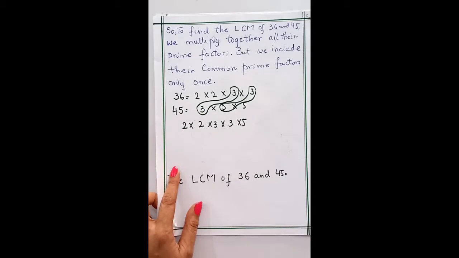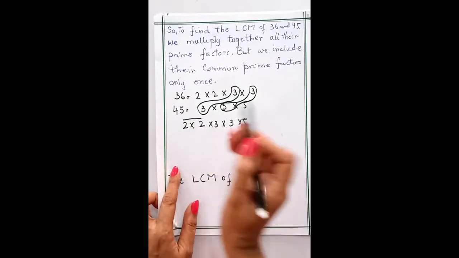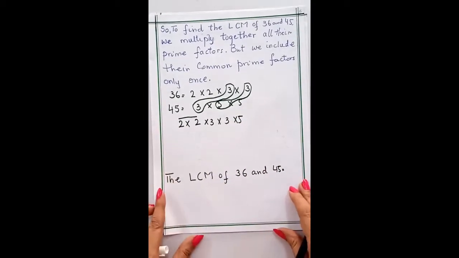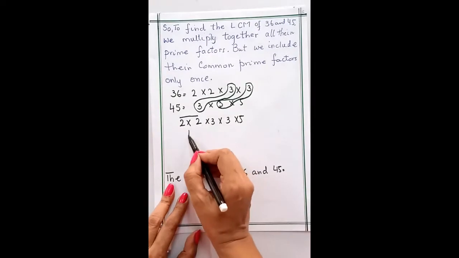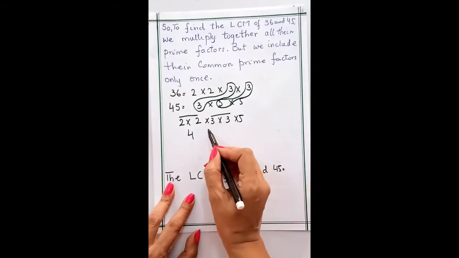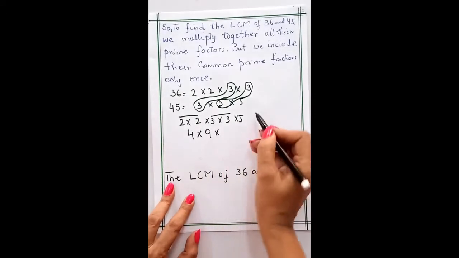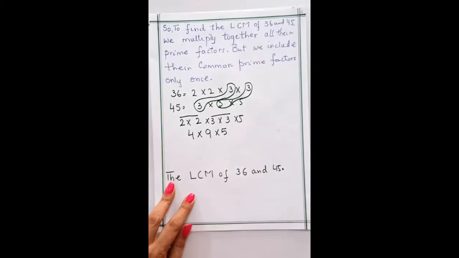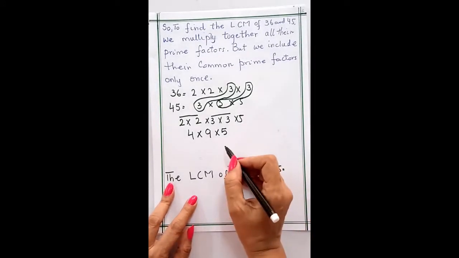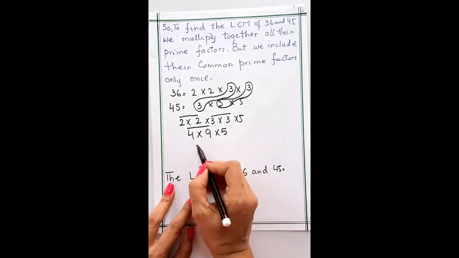Now we will multiply all the common prime factors together. First we will multiply these two. 2 2s are 4, then 3 3s are 9. Now this 5 we will write down as it is. Then 4 9s are 36.